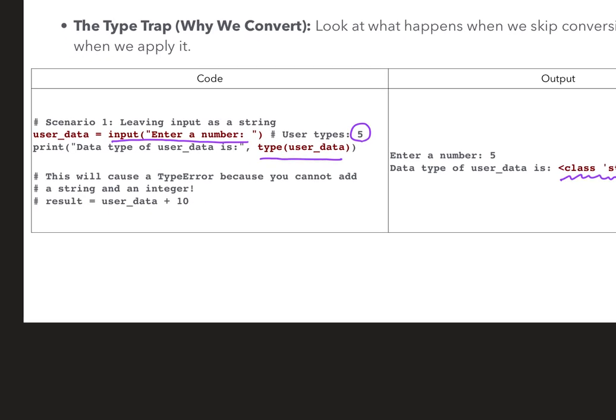So when you perform any arithmetic operation like the variable plus numeric value 10, then Python will complain. Okay? Because the plus sign between character string and numeric integer is not defined in Python.